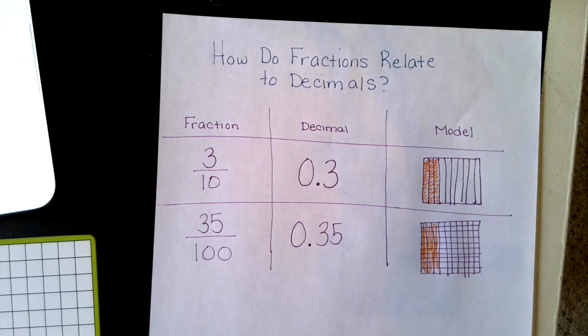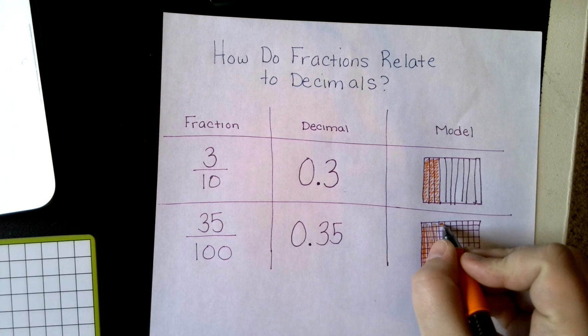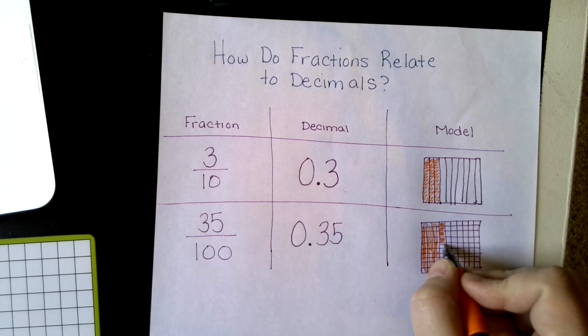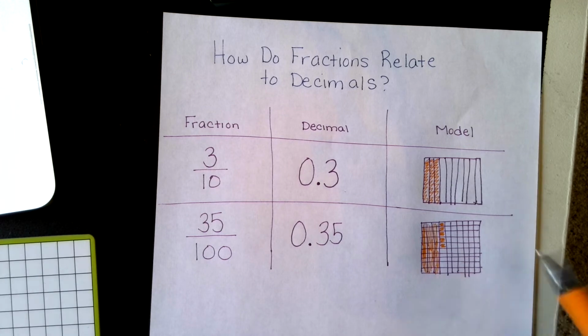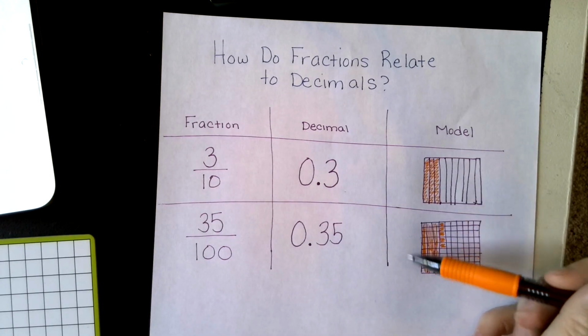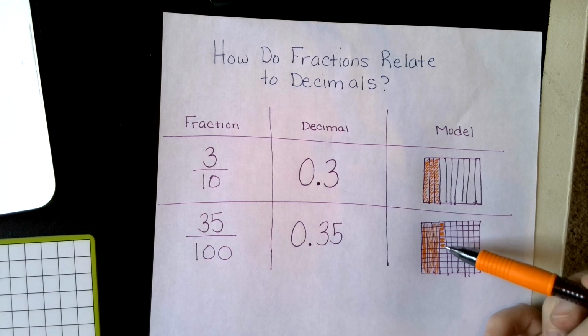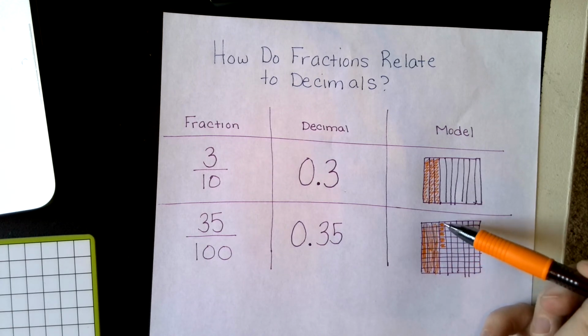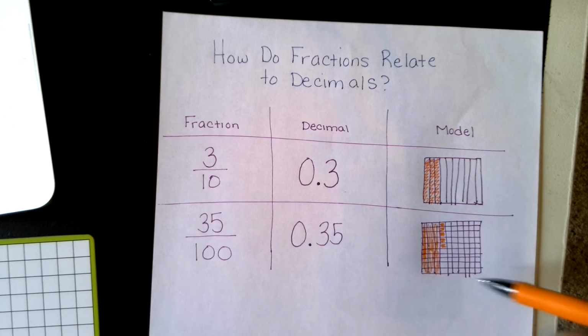We use 5 hundredths. 1 hundredth, 2, 3, 4, and 5. So if we look at this, we have 3 tenths and 5 hundredths. Or if we counted every single one of these squares, we would have 35 shaded out of 100.